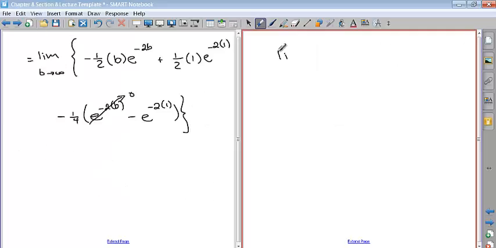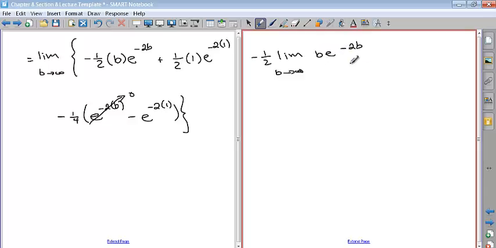So what we're looking at is the limit as b goes to infinity of, let's factor out the negative 1/2. So we're just looking at b times e to the minus 2b. If we plugged b in, we get infinity times 0, because e to the minus infinity is 0.